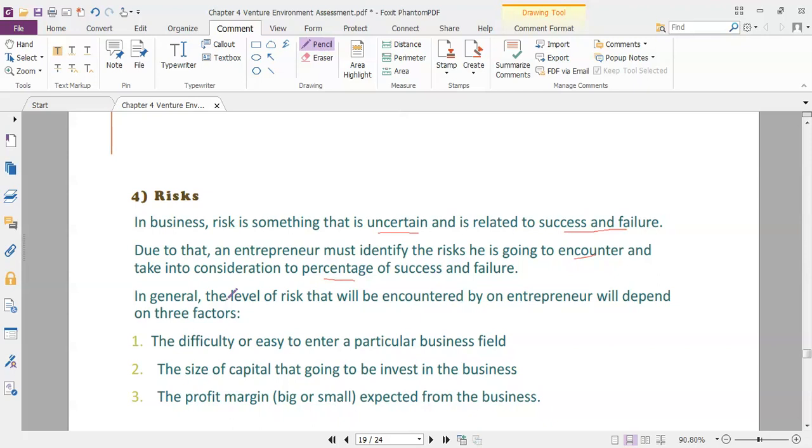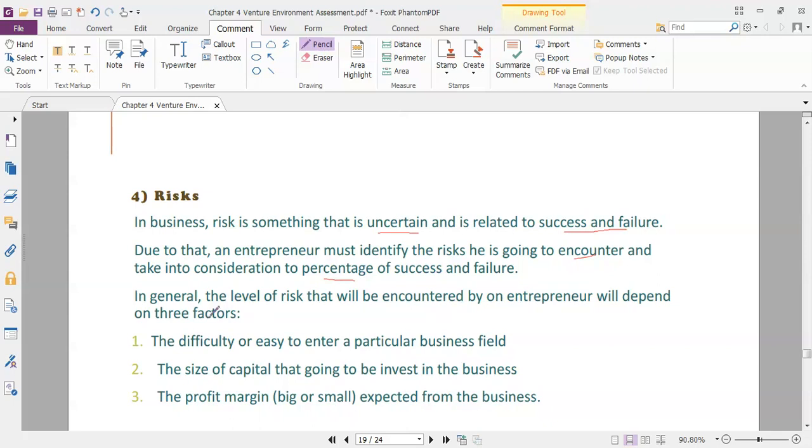So before we do the business, we should know what is the risk. Maybe because of higher competition, it will reduce our sales. We need to know that risk. We need to know what is uncertain about that business.